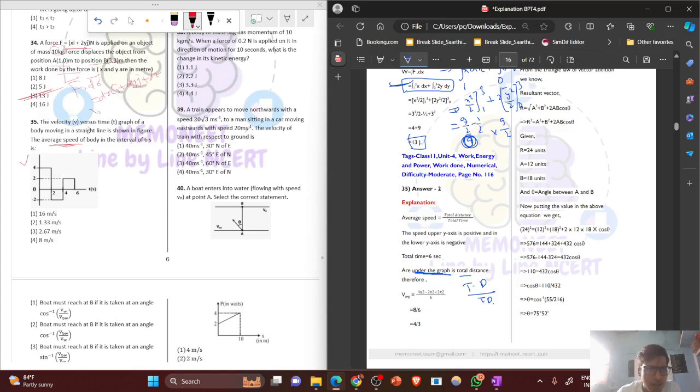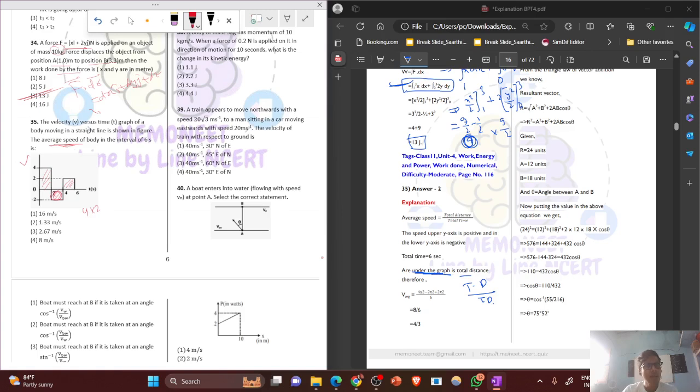Understand this like this is the first area, this is the second area, this is the third area. This area is what? 4 into 2. Then if it is asking distance, then in this also it is not subtracted.